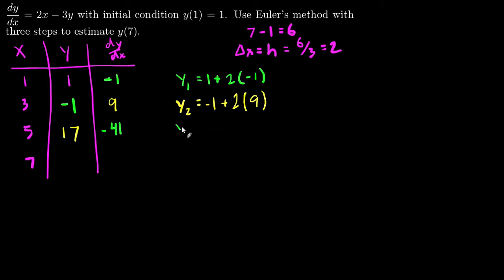And I say that my third y value, which is the last step I'm going to need to take, will be my previous y value, 17, plus 2, the change in x, times my slope. 2 times negative 41 is negative 82. Negative 82 plus 17, that's going to give me, let me think, negative 65.